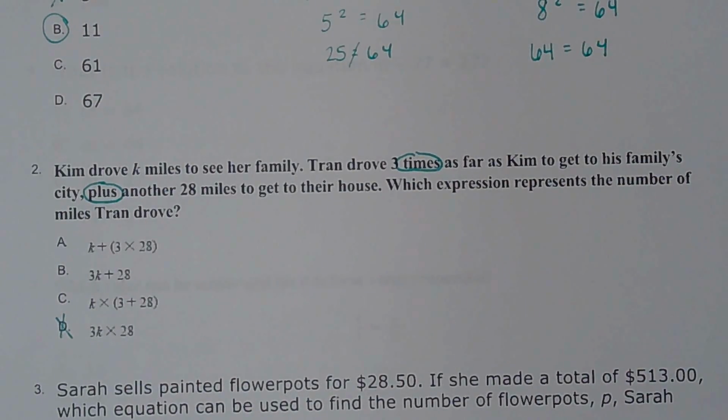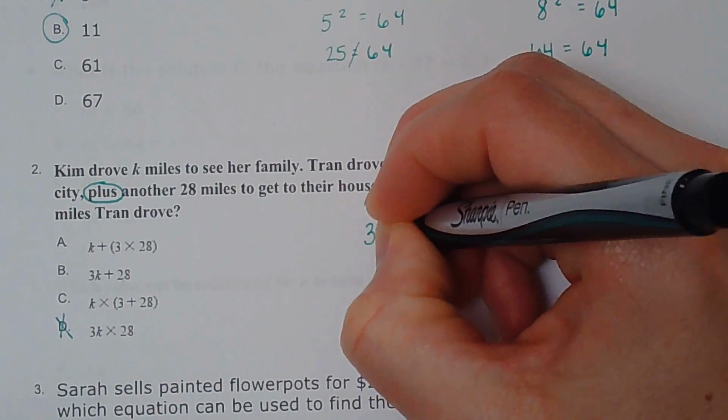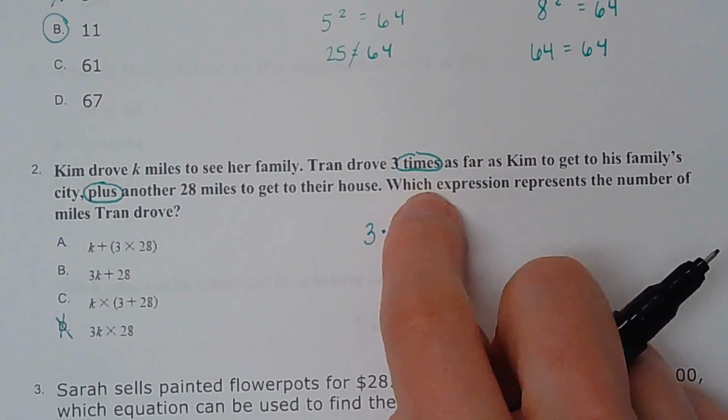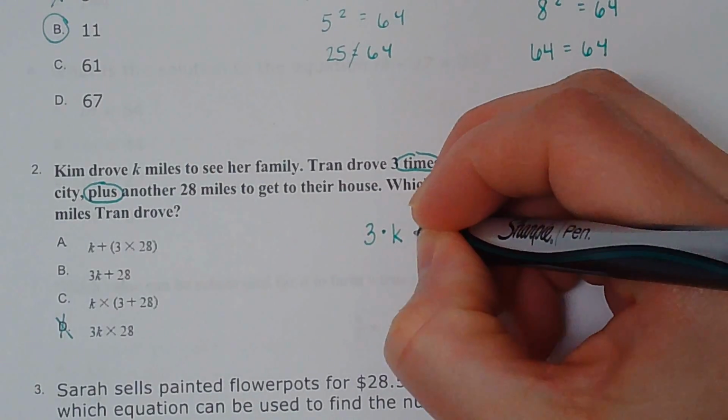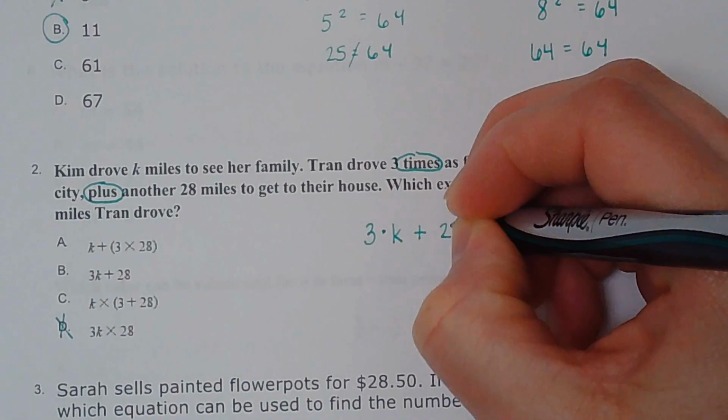So now let's look back at what the problem is really saying. So it says Tran drove 3 times as far as Kim. Okay, well, how far did Kim drive? Kim drove k miles. So I need to do 3 times k because it says he drove 3 times as far. So 3 times as far. And then plus 28.